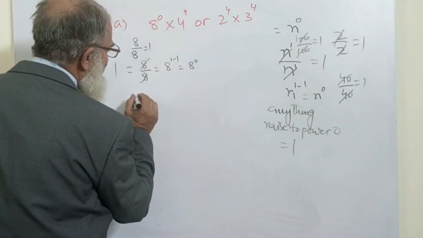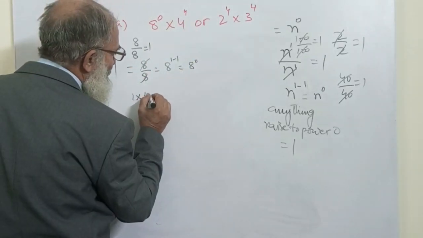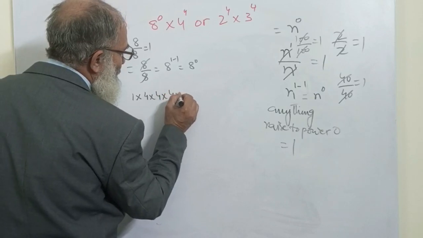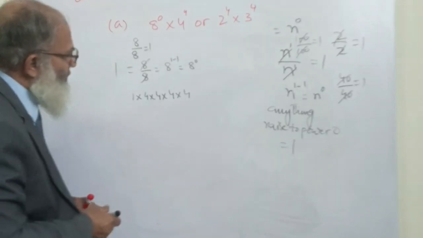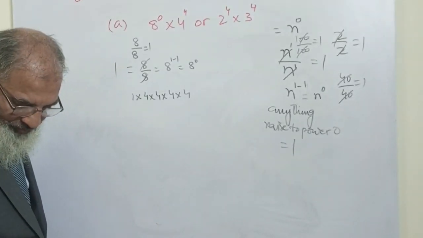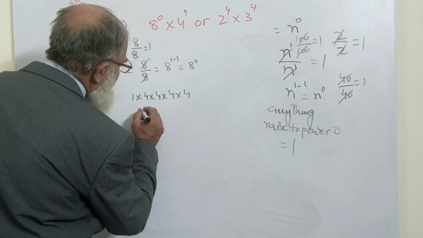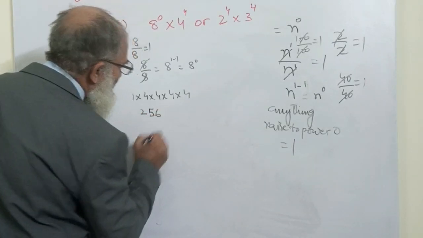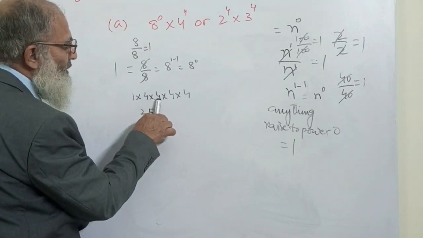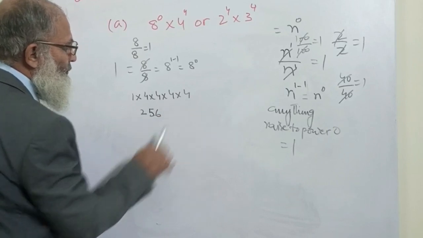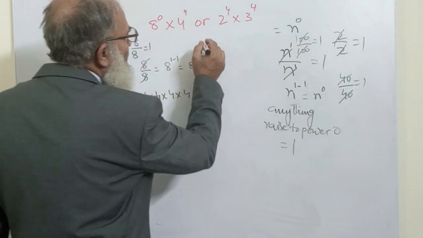Now 1 multiplied by 4 times 4: 4, 4, 4, 4 gives 16, and 16 is the square of 16, so 256. It becomes 256. 4 times 16 is 64, and 64, 4 times is 256. Now this is completed.